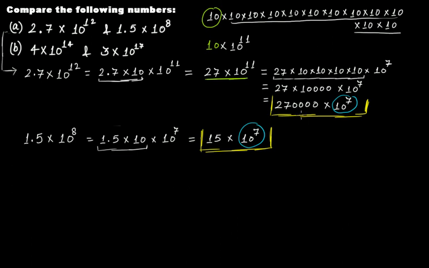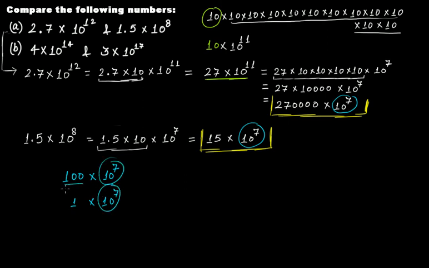It means that this number is 2,70,000 into 10 raised to the power of 7, and this is 15 into 10 raised to the power of 7. It's just like comparing 100 into 10 raised to the power of 7 and 1 into 10 raised to the power of 7. This is common, this is common.